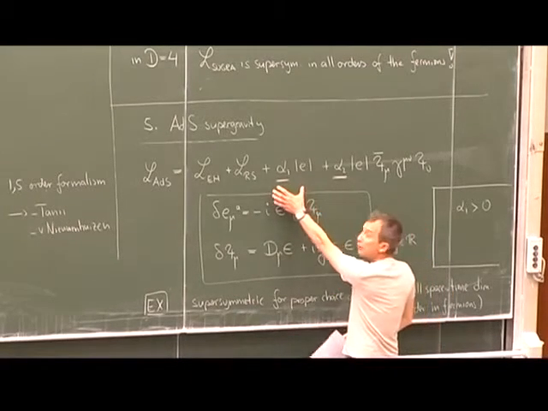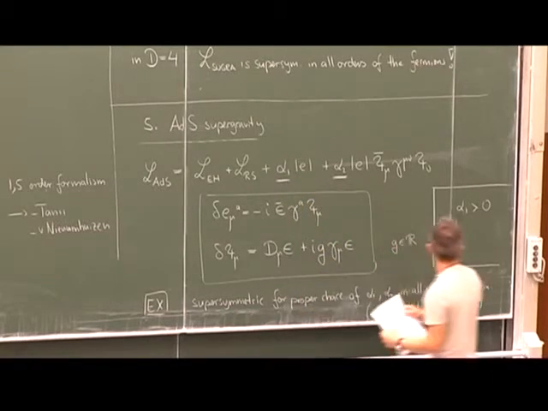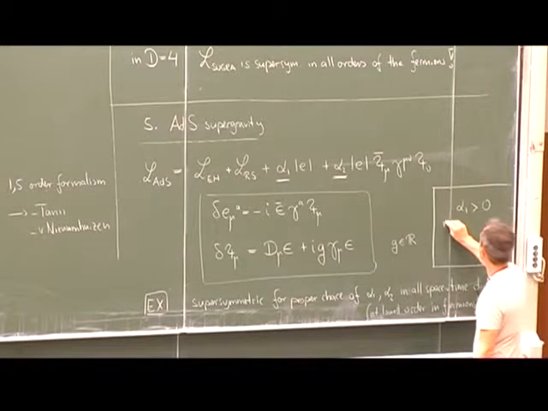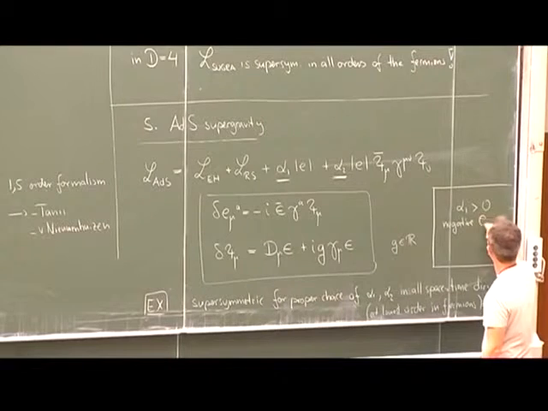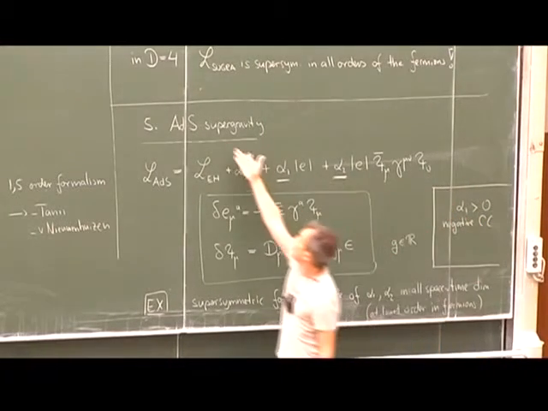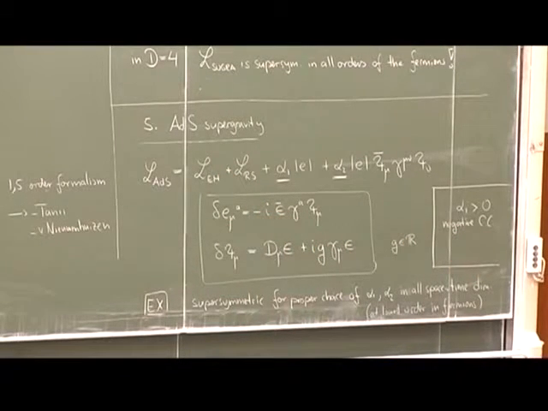Now, alpha positive means that the potential, think of this as minus potential, is negative. So positive alpha, in fact, corresponds to negative cosmological constant. And that's why we call it, well, it's not de Sitter supergravity, it's anti-de Sitter supergravity.